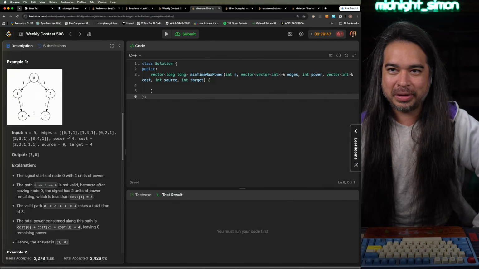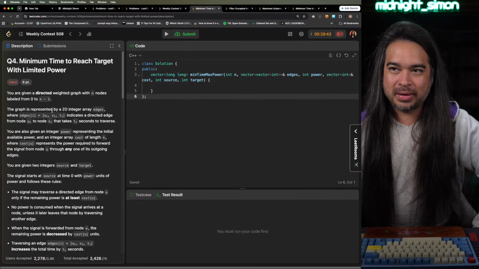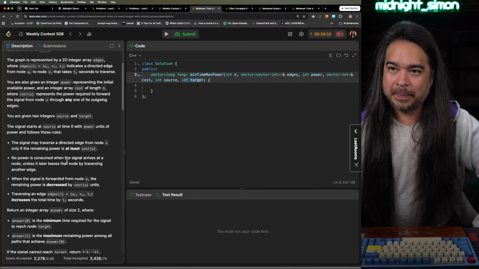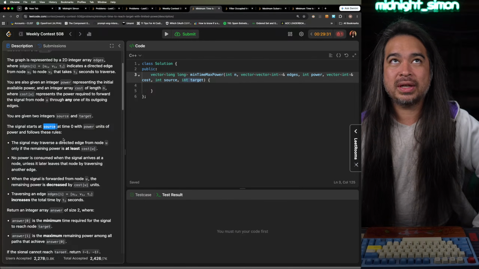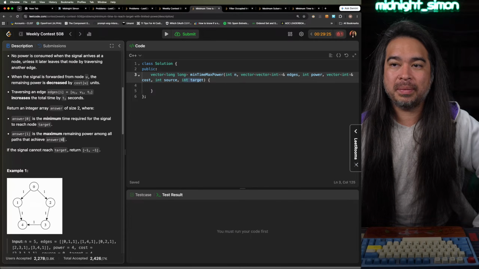Alright, let me think about this one. So we send the power source at source. They give us the source node and they give us a target node. So if we did Dijkstra's and we found the best time, that's the minimum time required.